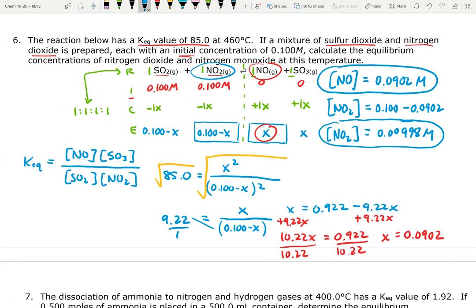So this Rice table is very similar to fill in as compared to the others. The difference was at the end that we weren't solving for k, which is kind of the simplest way to go, where you just have to punch numbers in and go. In this case, we were given k and had to solve for something else, but it's all just about organizing a k expression. It's all about arranging a Rice table based on change, and the key line here is really recognizing, I think, that there's that common ratio from the reaction equation's coefficients of, in this case, 1 to 1 to 1 to 1, to the change line, which also has to mirror that same ratio.